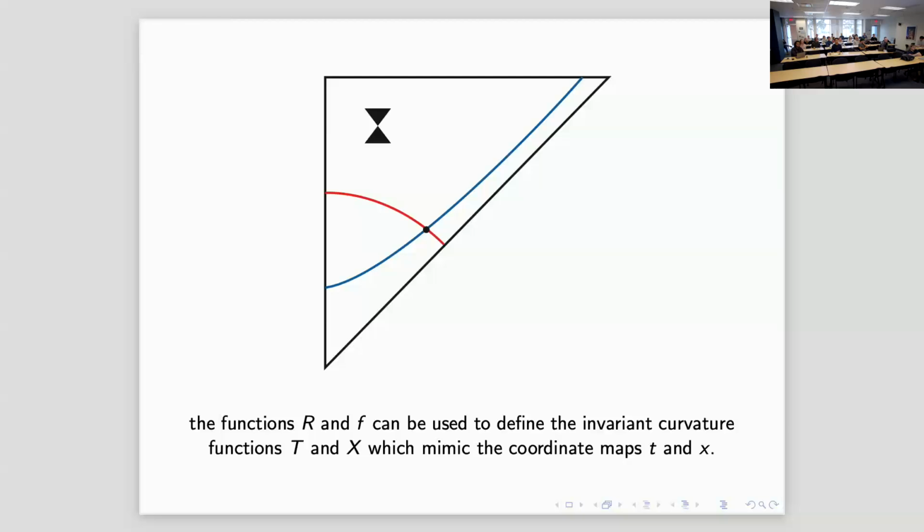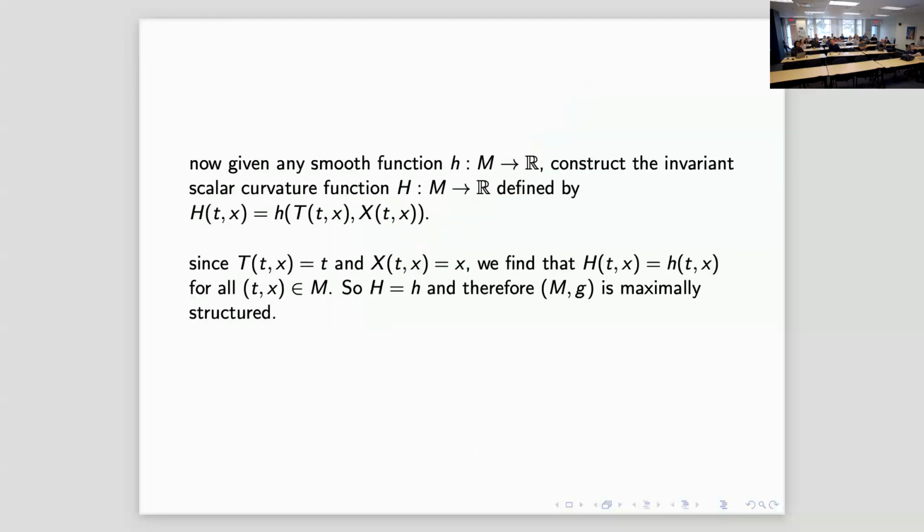Okay, and now what we do, so here we see the picture, F and R, and you can kind of see how you could use F and R to form a new coordinate system. F and R really could have been used as a coordinate system here, and that's where the idea is coming from. But once we have this big T and big X scalar curvature invariance, then things tie up nicely. So now you give me any smooth function h.